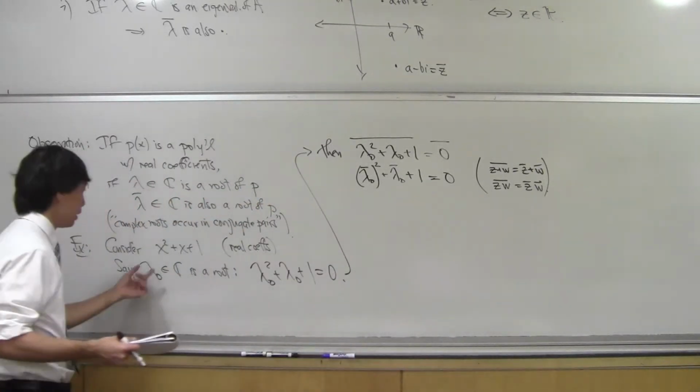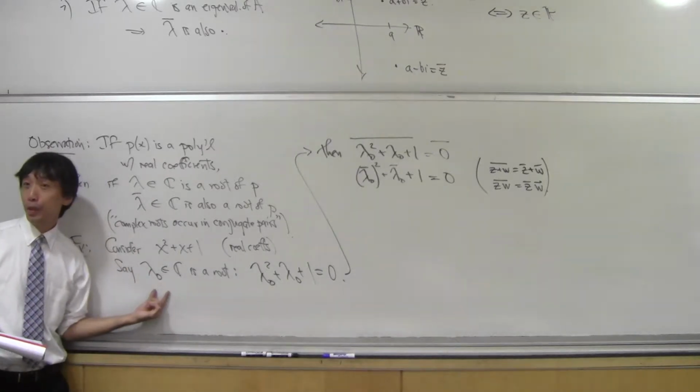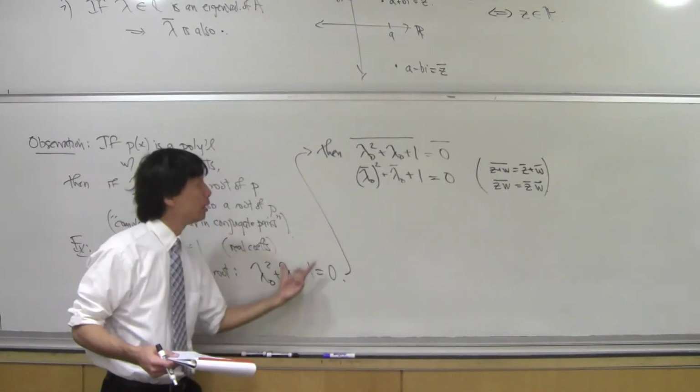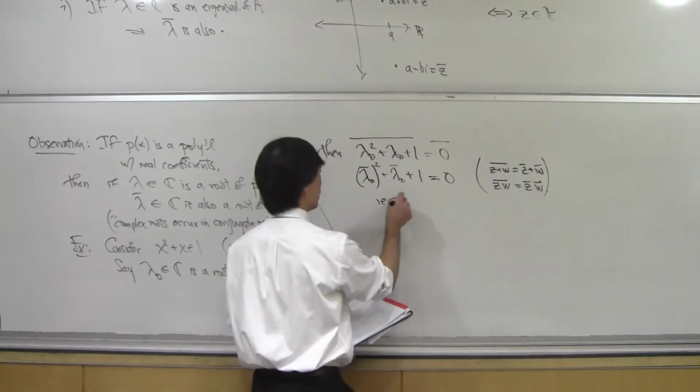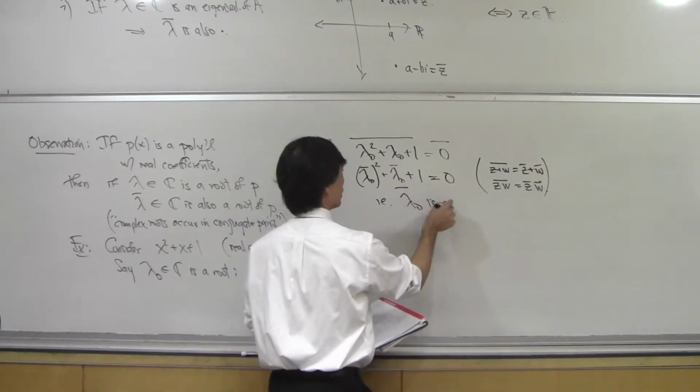So what do you see? If this is a root, then this equals 0, but then this equals 0. But that means that this is a root.